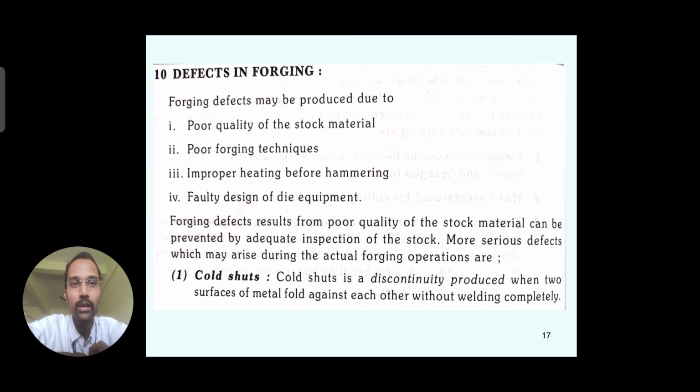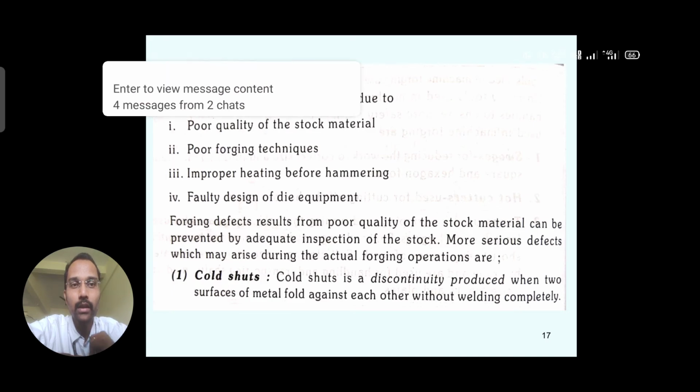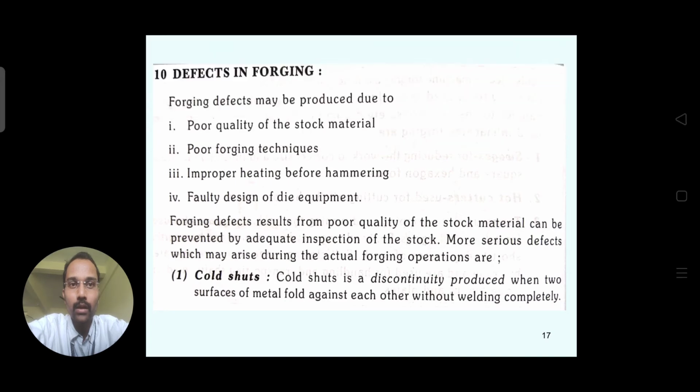When you are working on that metal of that particular quality, then definitely defects will arise in this process, right? Similarly, the techniques followed for that particular forging, or the process which is required, has to be followed exactly. If you are not following that, then defects will arise.